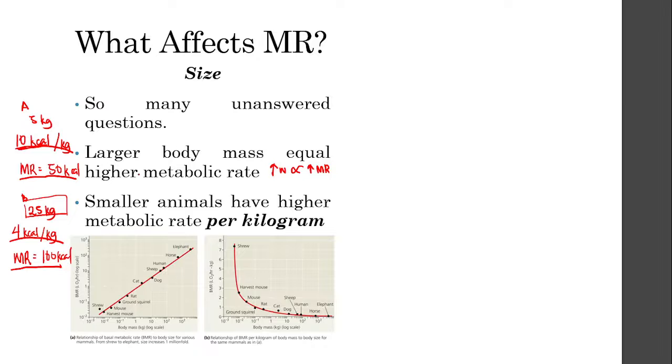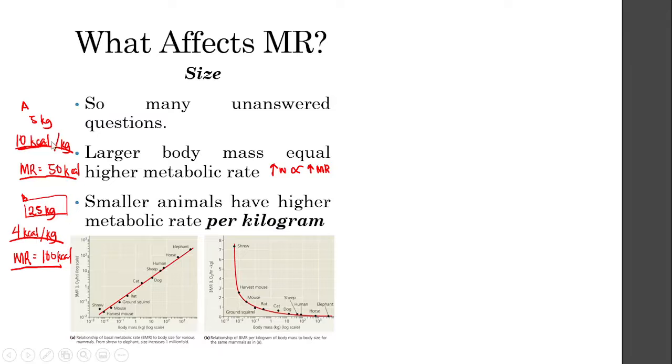So this makes it very confusing for a lot of biologists. How is this possible? One of the hypotheses is that because the smaller animal is smaller in size, the surface area to volume ratio of their body is much bigger than that of a bigger animal.